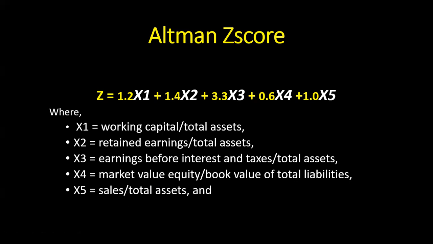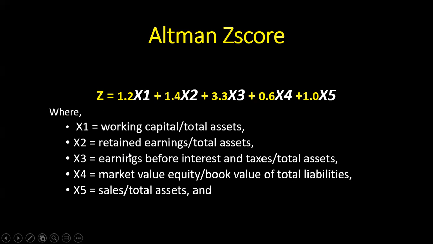Make an effort to improve the efficiency of using the assets, that is X5. So a company can expect that the Z-score will improve by addressing X3, X4, and X5 itself. Now it depends on the company which important ratio, which aspect of the business, is to be picked up.